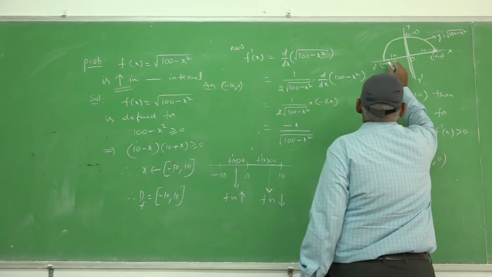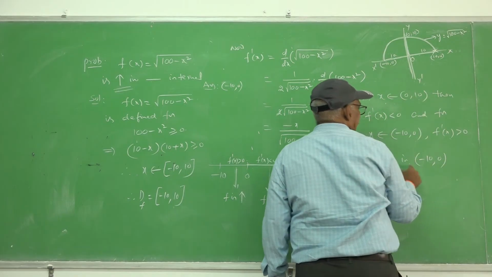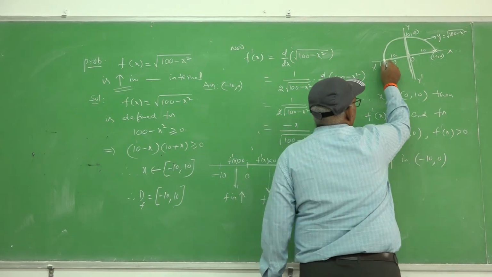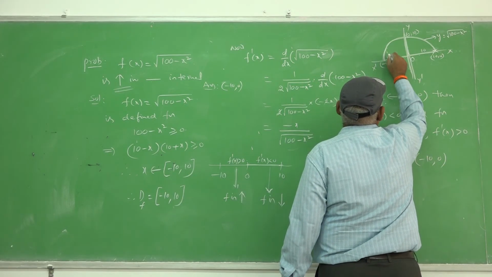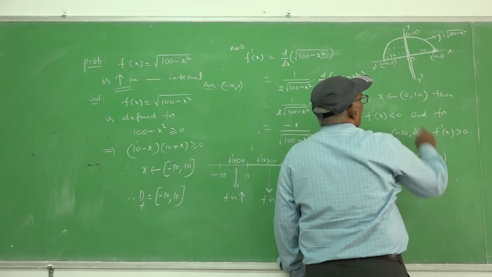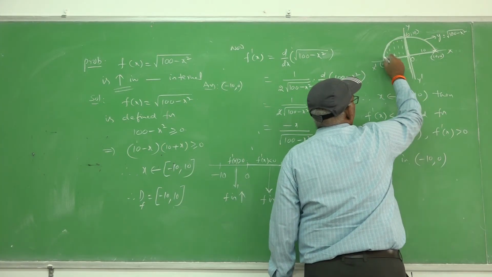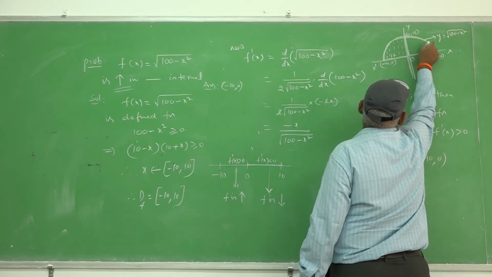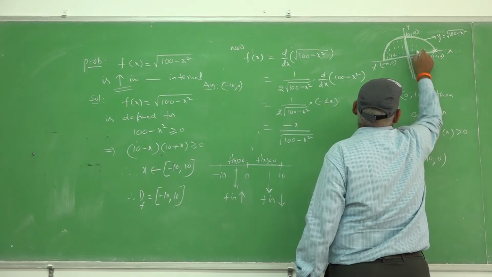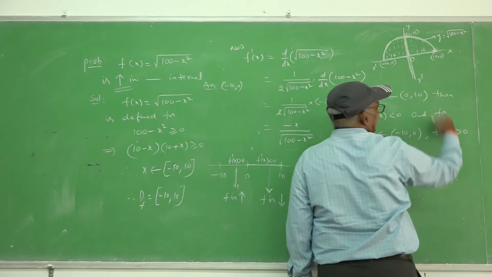Now, consider these values of x. When x lies between minus 10 and 0, the vertical lengths are increasing. Hence, in this interval the function is increasing up to 0, and then it comes down. That means the vertical lengths are decreasing, hence the function is decreasing in the interval 0 to 10.